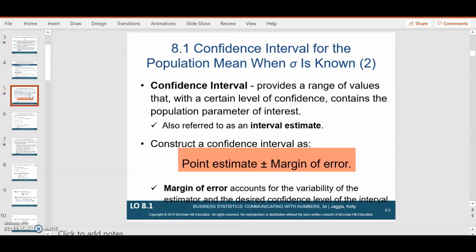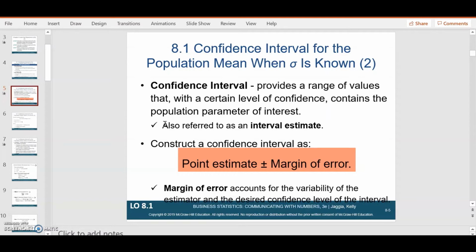The interval estimate or confidence interval provides a range of values that, with a certain level of confidence, contains the population parameter of interest. So here you can also see that the confidence interval can also be referred to as the interval estimate. This interval estimate will provide us a range of values.